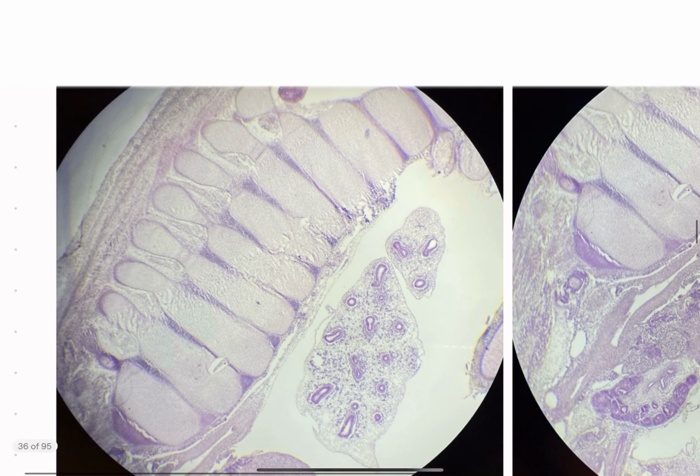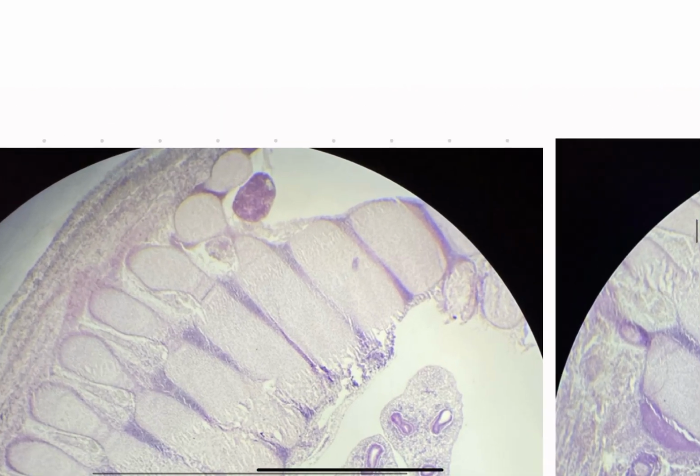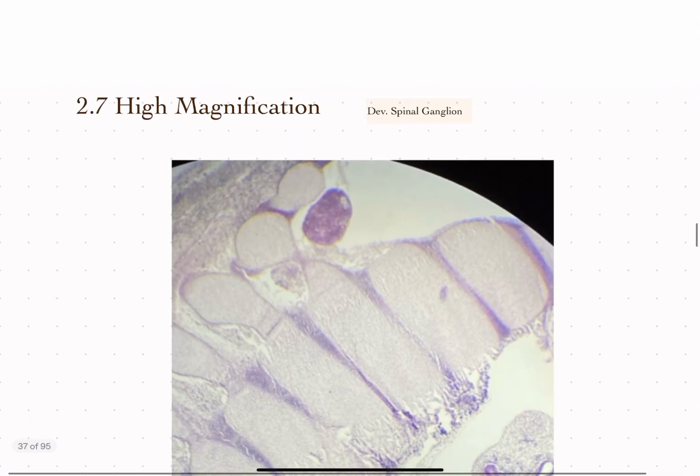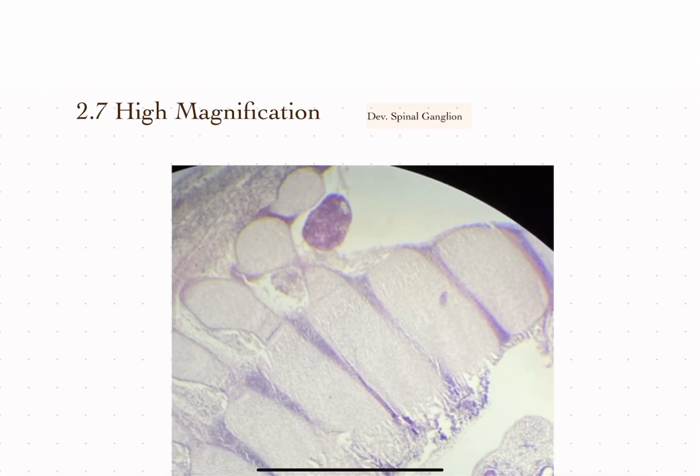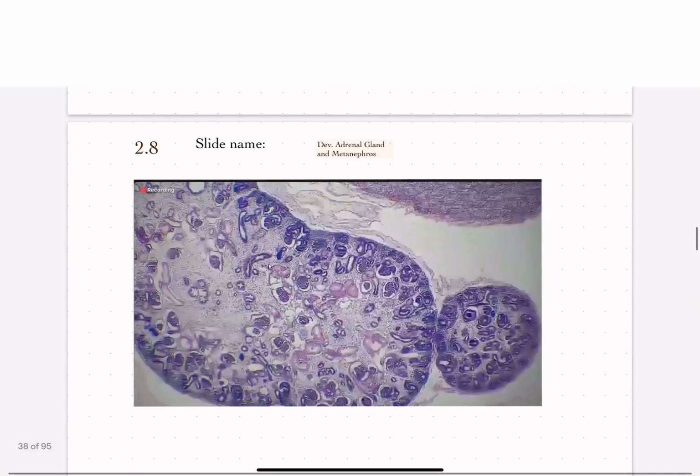And here, if you remember, we have the notochord, we have the intervertebral space, the vertebral columns made up of the hyaline cartilage, and we have all of those red cherry-shaped structures known as the developing spinal ganglion, still as important for colloquium 2 as for colloquium 1.